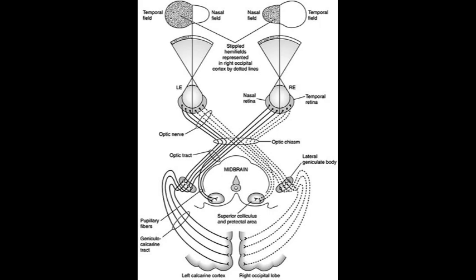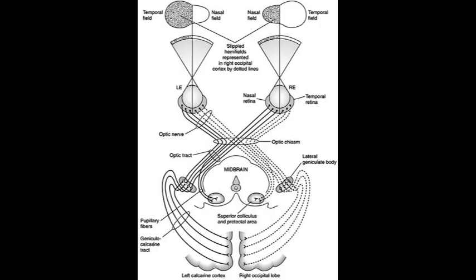Now, when they are in the optic tract, some of these fibers project into the LGN, which is the lateral geniculate nucleus. As they continue, some will leave the optic tract and enter a place called the brachium of the superior colliculus.